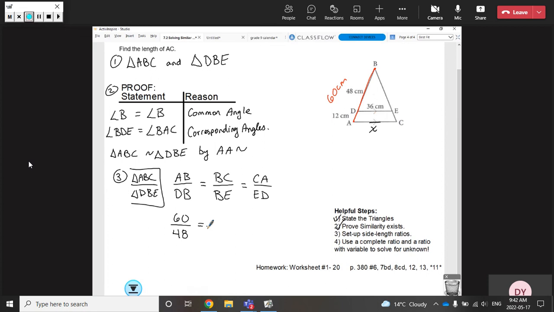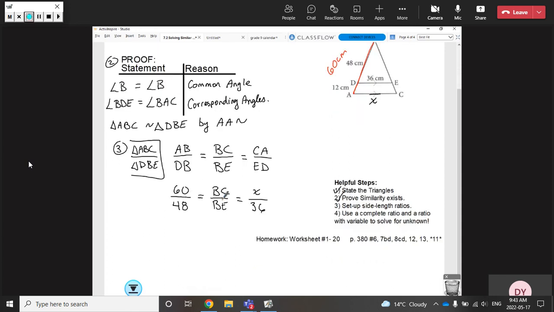BC, we actually don't know. Oh, it's the middle one again. And BE, we actually don't know. CA, or AC, is our X. And then EB is our 36. That middle ratio will not help us at all.